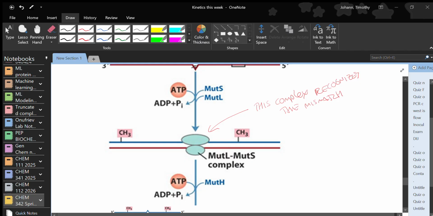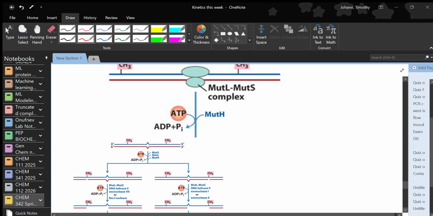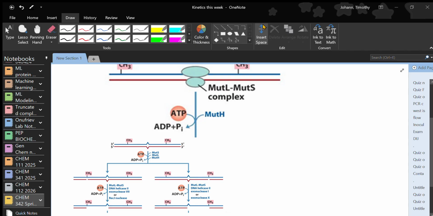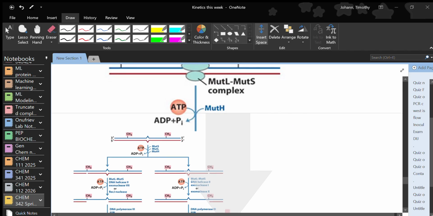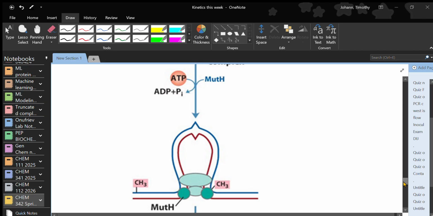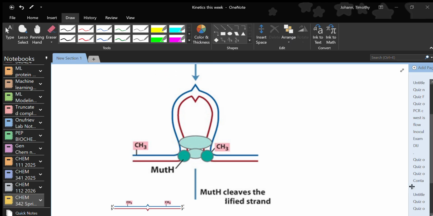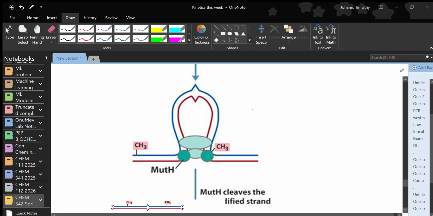You don't need to know MutL, MutS. But then what's going to happen next is these MutH's are going to be recruited. And you don't need to know MutH either, okay? But MutH is recruited.